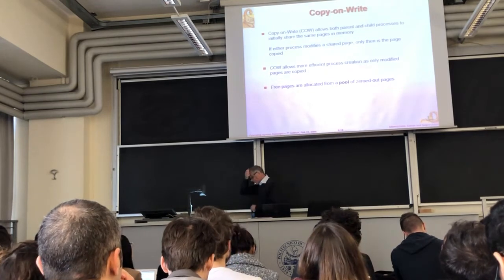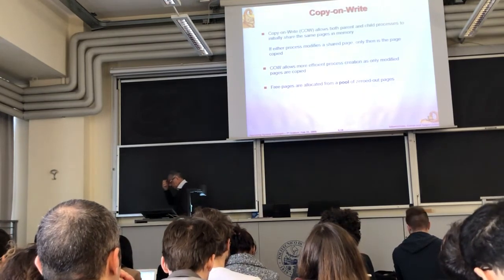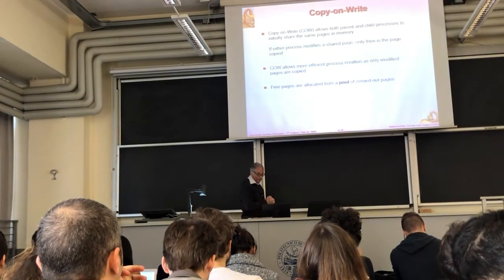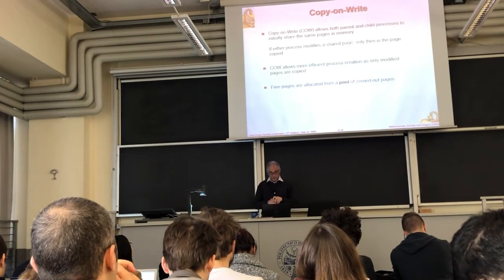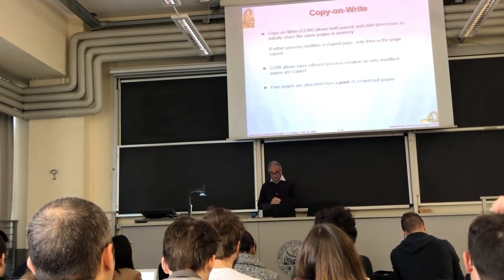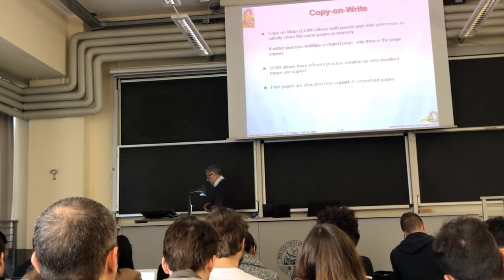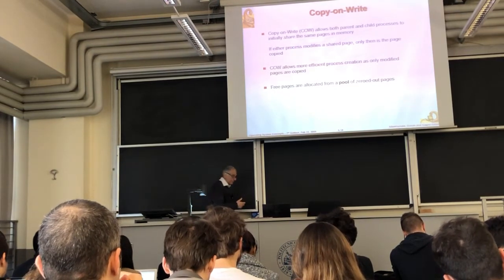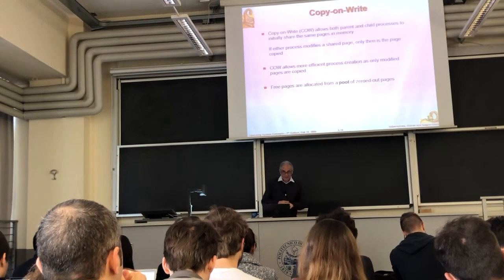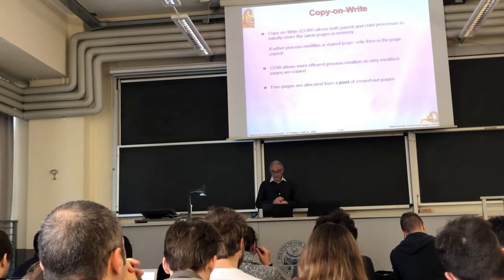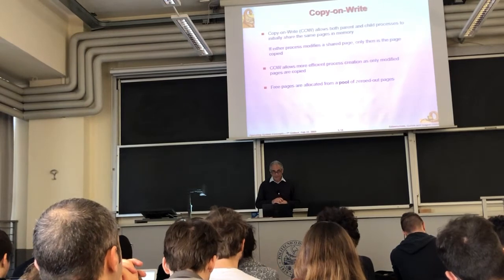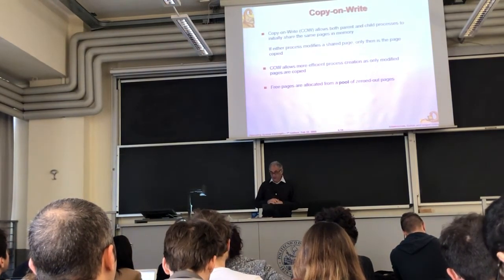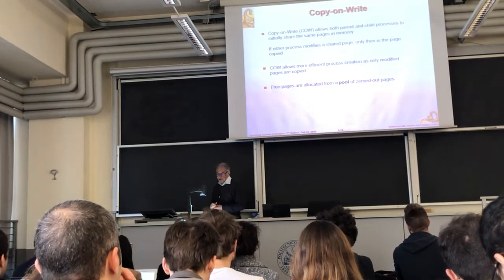The copy on write mechanism allows the kernel to save a lot of memory, because when you do a fork, you should, in theory, create a perfect image of the parent. But this is not necessary, because the code pages don't need to be changed.